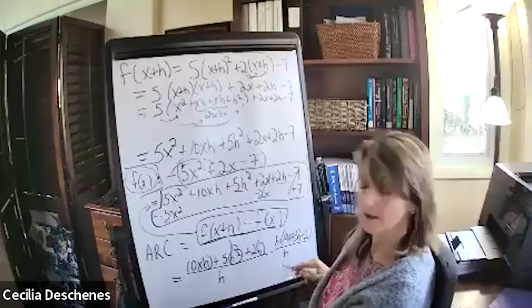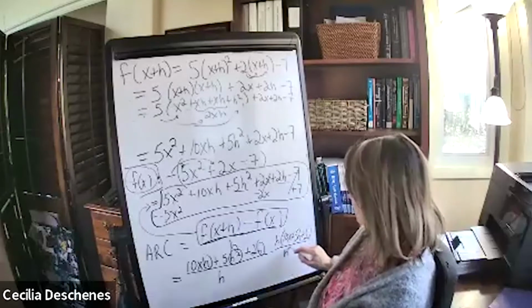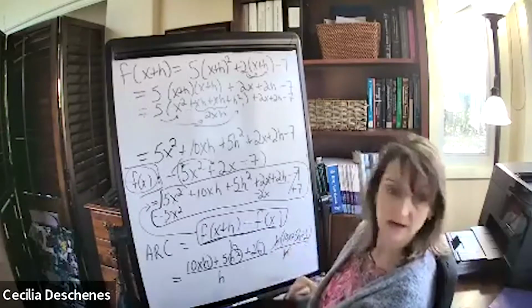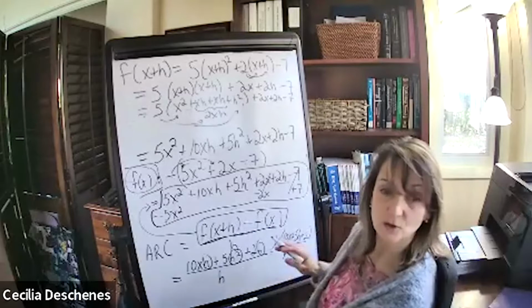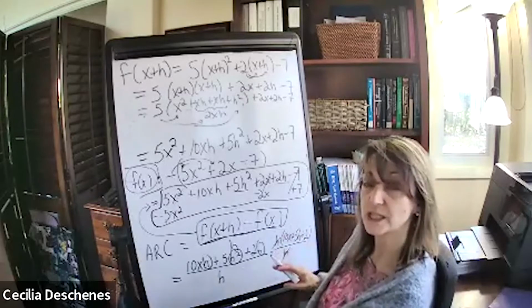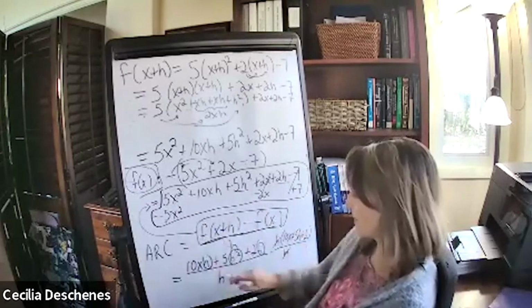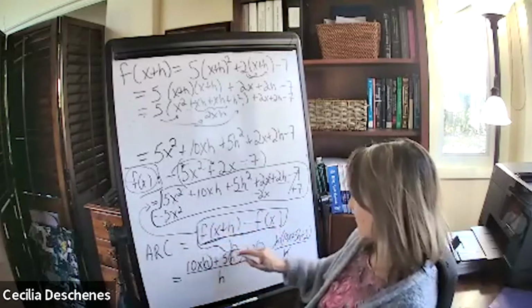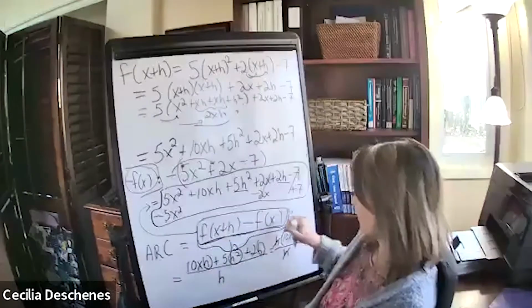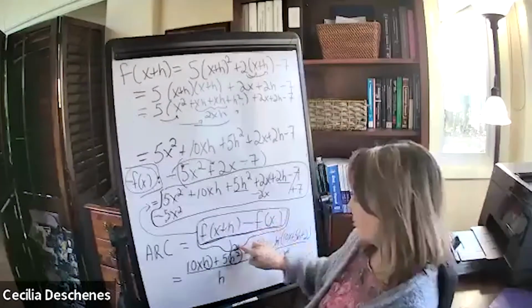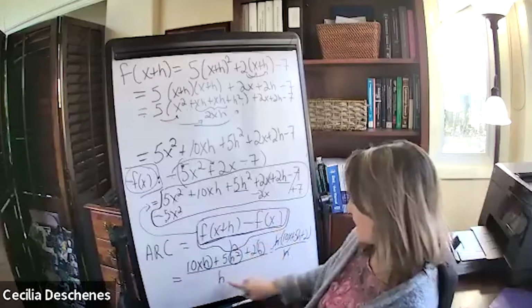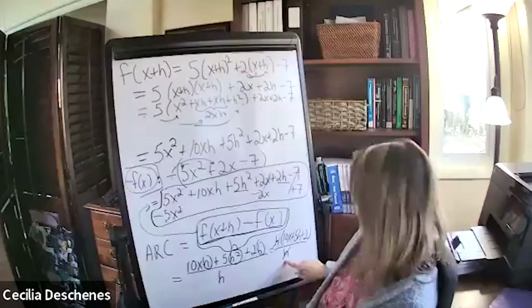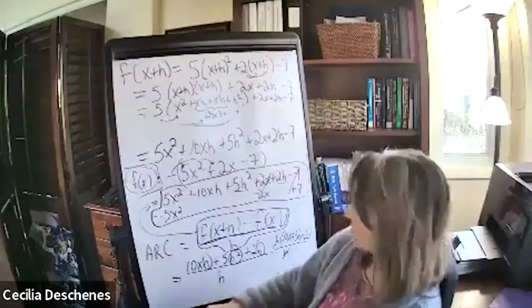So if everybody's good with all that, I'm going to divide out the h's now, cancel those out. And I told you, when you do the average rate of change using this formula, where we take y2 minus y1 over h, the h is always going to cancel out.